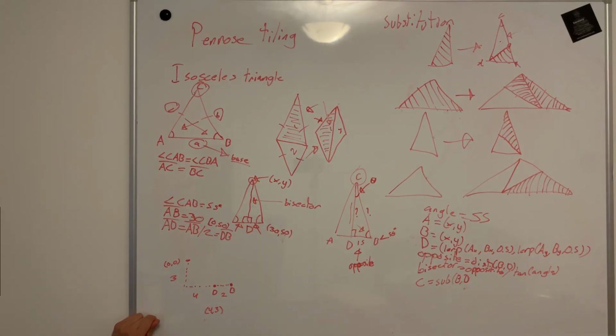Hopefully you're still able to see, 4, 3, and B is 4 plus 2, 6, 3, right? And what we want to do is subtract both of those. Subtract D from B. This will move B over here, to the origin, which will only be the vector that goes from D to B, basically.